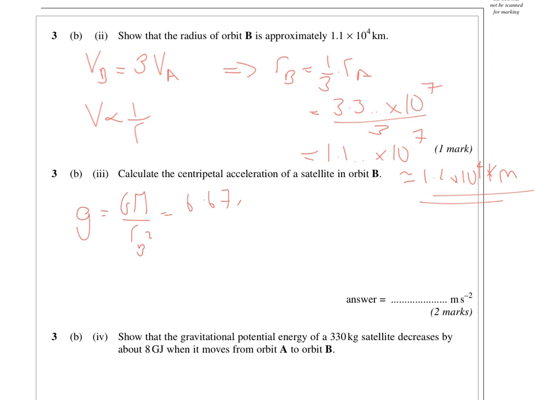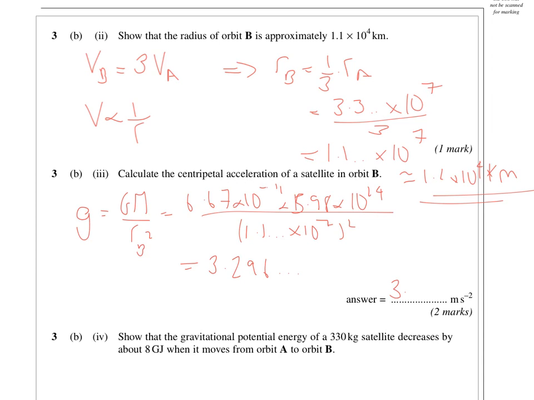So we have 6.67 times 10 to the minus 11 times 5.98 times 10 to the 24 over 1.1 times 10 to the 7 squared, which is, let's calculate it, 6.67 times 10 to the minus 11, 5.98 times 10 to the power 24 divided by 1.1 times 10 to the power 7 squared, and it comes out as 3.296.